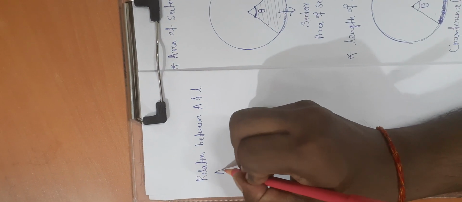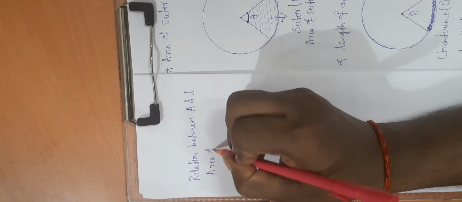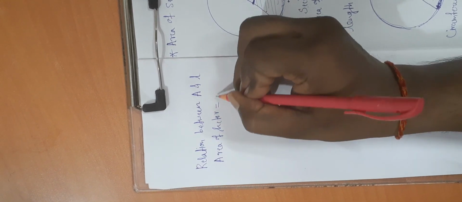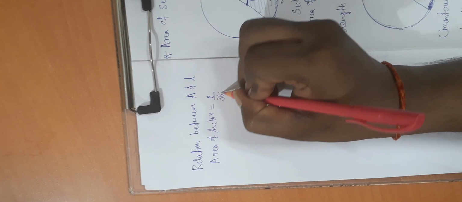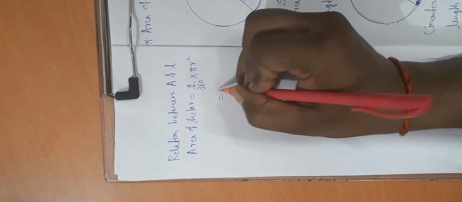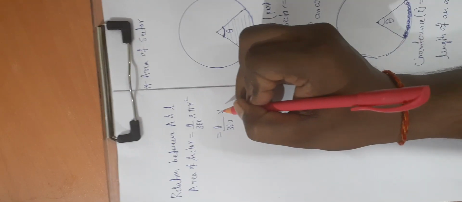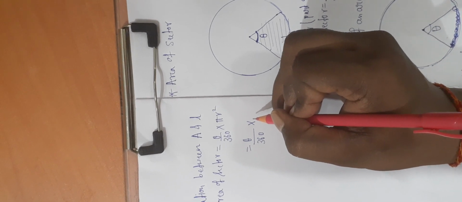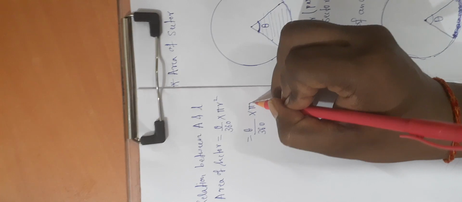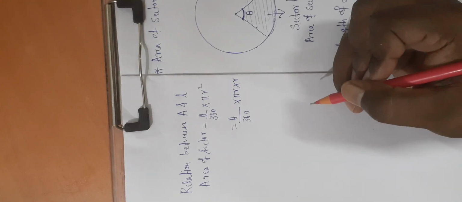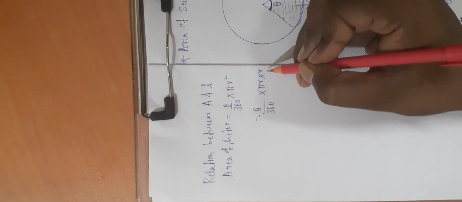The area of sector formula is theta upon 360 into pi r square, which can be expressed as theta upon 360 into, now see this step very carefully, otherwise you may get confused later, pi r into r. Try to understand what I am trying to do. This pi r square, I have written as pi r into r.